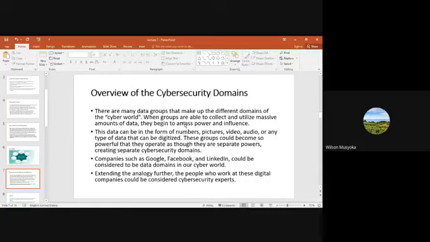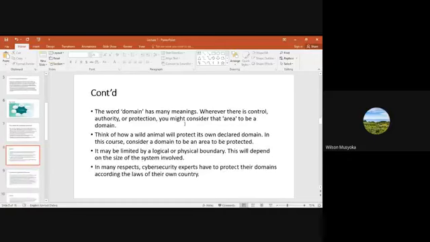are dealing with nowadays. So when we are extending the analogy, the people who work at these digital companies could be considered cybersecurity experts. The word domain has many meanings, but here we are looking at a domain in terms of control, authority, or protection, because that is what they are basically doing.